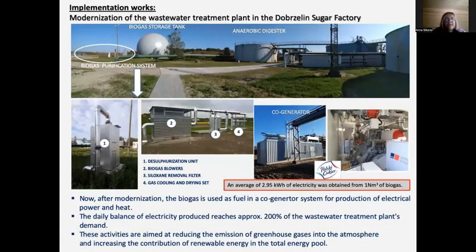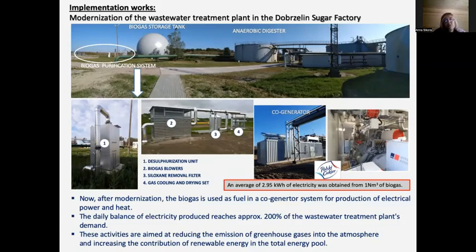Our studies on methanogenesis can help to understand and improve the operation of biogas plants and help to realize why technologies of biogas production are commercially available. Here you can see our implementation works. It was modernization of the wastewater treatment plant to use biogas for energy in the sugar factory.